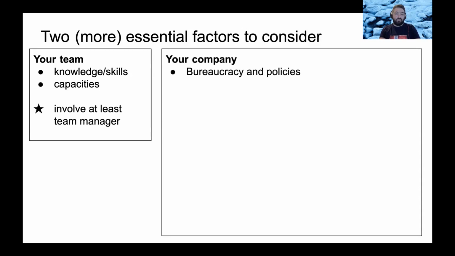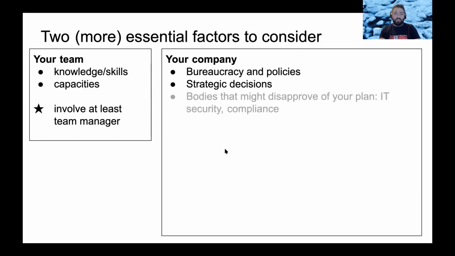Bureaucracy, strategic decisions at the enterprise level, such as we use cloud provider X. If that is so, you most likely cannot use cloud provider Y, even if it solves your problem better than X. Committees you need approval from. The usual suspects are IT security and compliance.